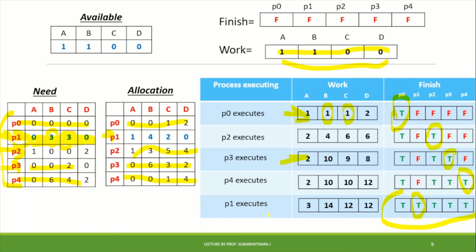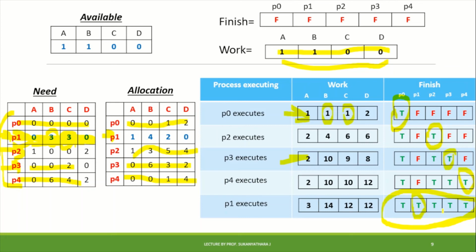So if at the end any of the process was not executed, if any of these values was not true, the system would be in an unsafe state, and then the operating system would have told P1 to wait.